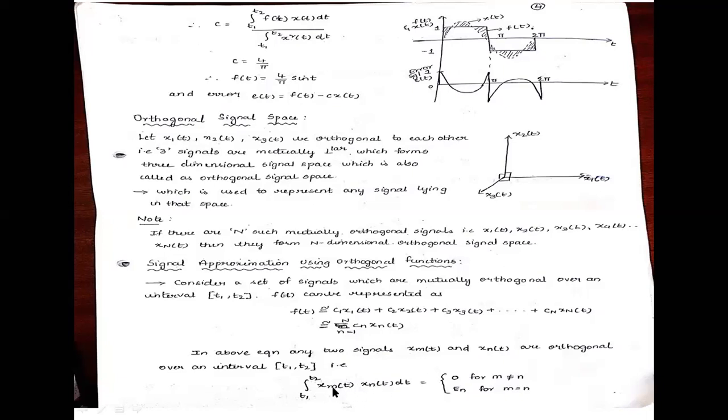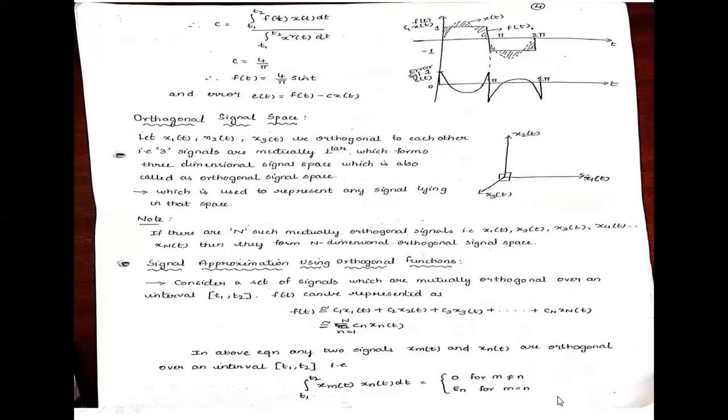If both are equal, m and n meaning x1 and x1, we get x1 square of t, which is nothing but the energy signal, En. We already said E with a subscript is an error signal, x is the input signal x of t, and y of t is the output signal.